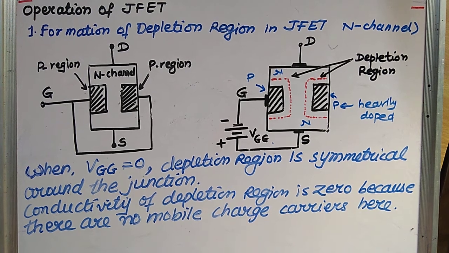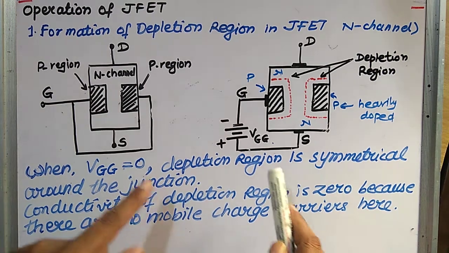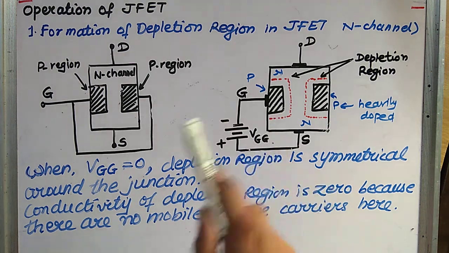So the point is very simple. If there is no voltage across the gate to source terminal, then the depletion region is symmetrical.